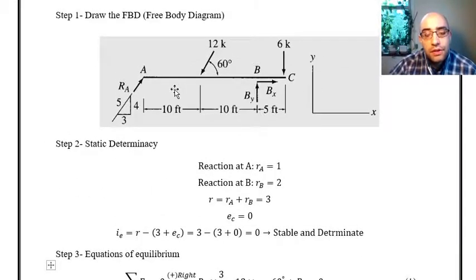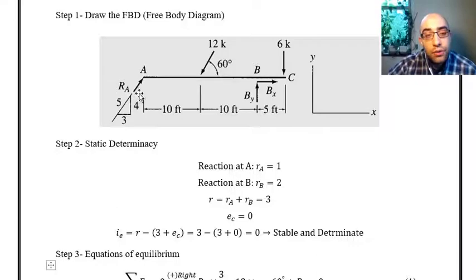This is the structure that I'm talking about, and I'm going to solve these equations for this structure. The first one was summation of forces in X direction is equal to 0. So this is the X direction, and I need to find all the forces that I have in the horizontal or X direction.